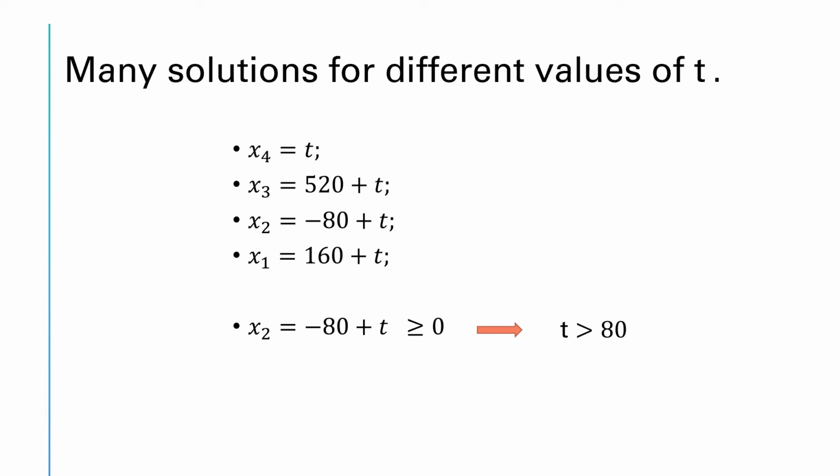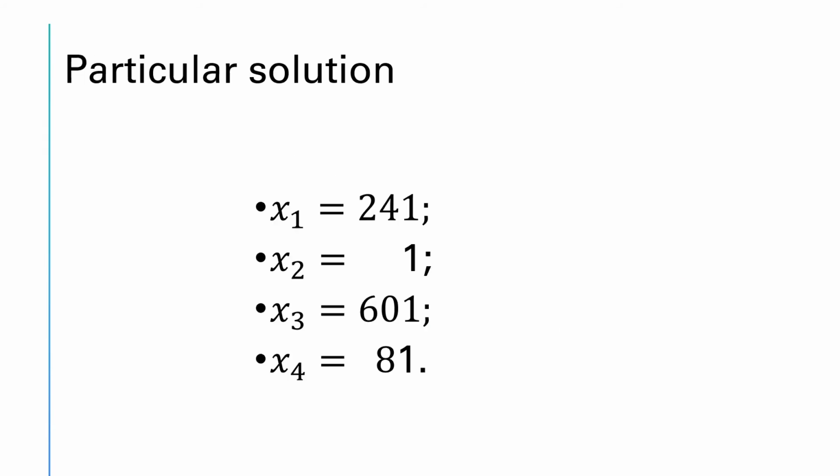So the traffic flow should be non-negative. That is, x2 must be greater than or equal to 0. If x2 is greater than or equal to 0, we get t greater than or equal to 80, since x2, which is negative 80 plus t, must be greater than or equal to 0.